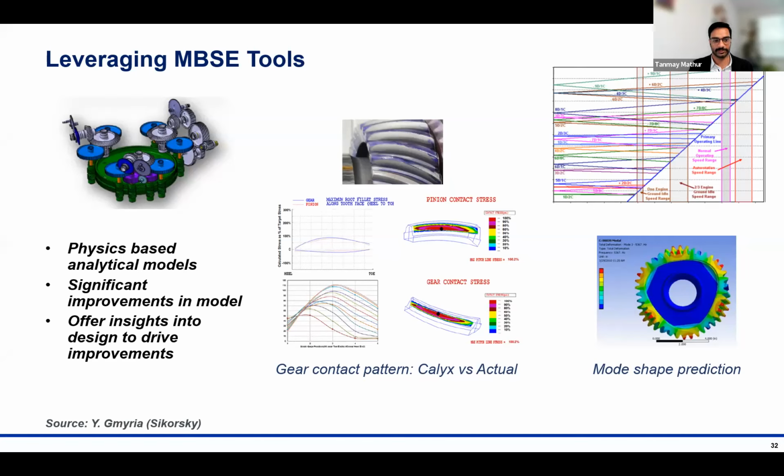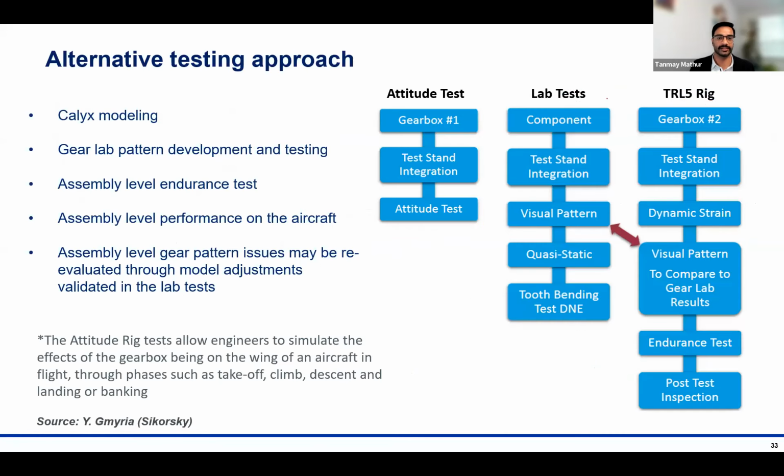So it's possible to get the design very close to what you want the first time, without having to go through the iterative testing. So you leverage these model-based system engineering tools and an alternative testing approach, wherein you begin testing the components in subassembly prior to assembling the gearboxes.